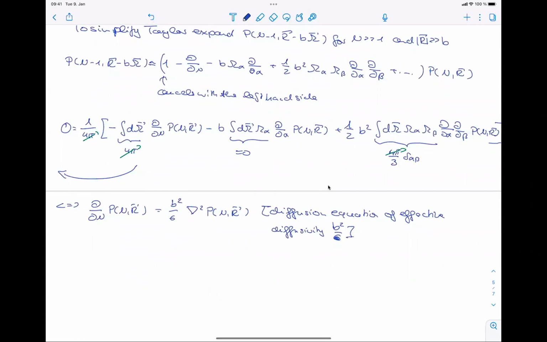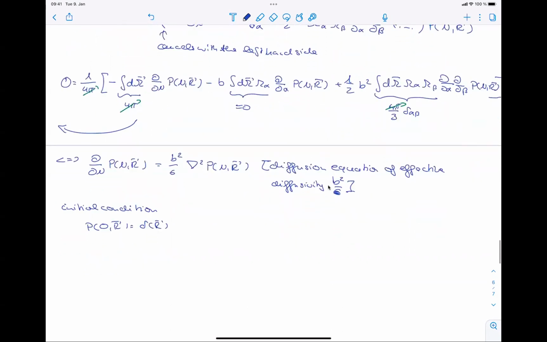To solve this diffusion equation, we also have to supply an initial condition. The initial condition is P of N0 R is a delta function.